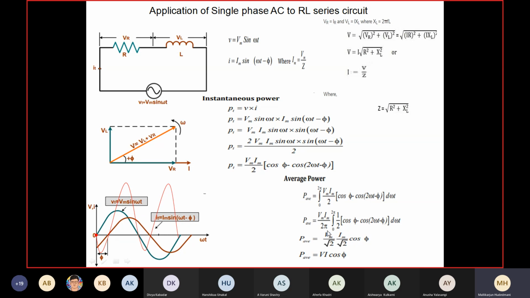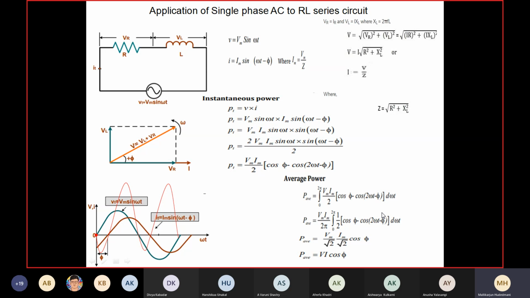If I simplify this term, what am I going to get? Cos phi remains constant with respect to omega t, so cos phi comes out, and the integration of d omega t is omega t, between 0 and 2 pi. So you will get 2 pi as the outcome. Cos 2 omega t integrates to sin 2 omega t; sin 2 omega t at 0 is 0, and at 2 pi is also 0.